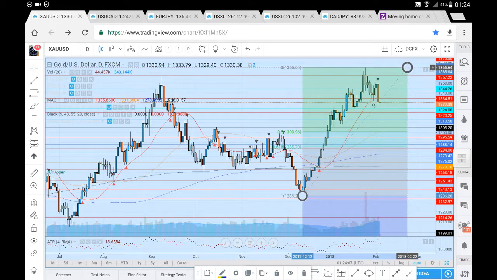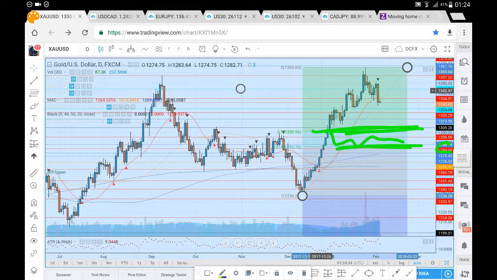And if we can see here, the 50 Fibonacci lines up at $1,300 an ounce, currently sitting below 1305, and the 618 Fibonacci is sitting around 1285, and we've got a major level marked out here in red at 1300 and 1284.